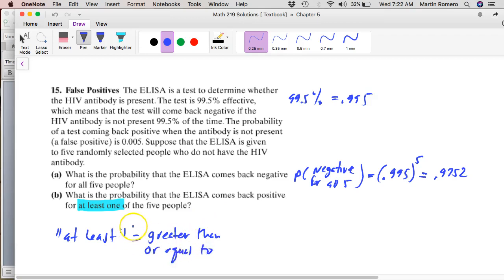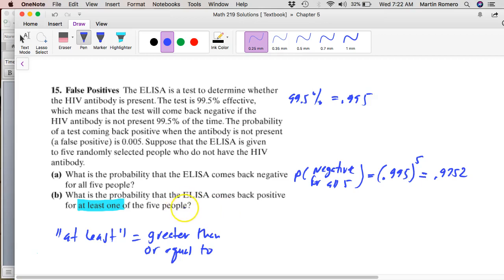And so once we have that, we can interpret that. What's the probability that it comes back positive for at least one of the 5 people? So that's greater than or equal to one of the 5 people.